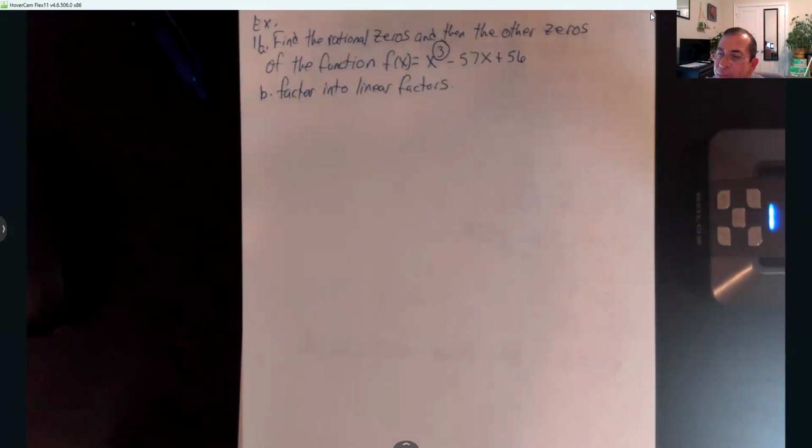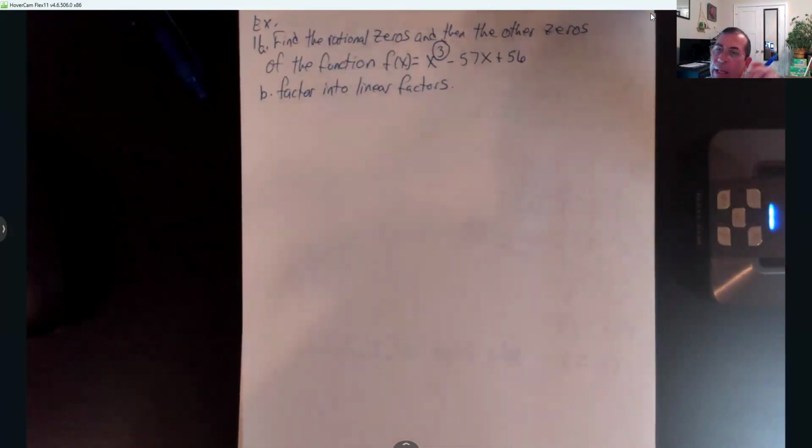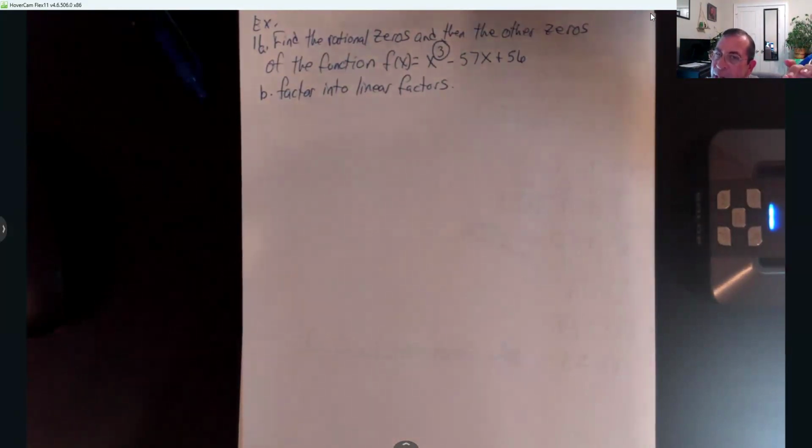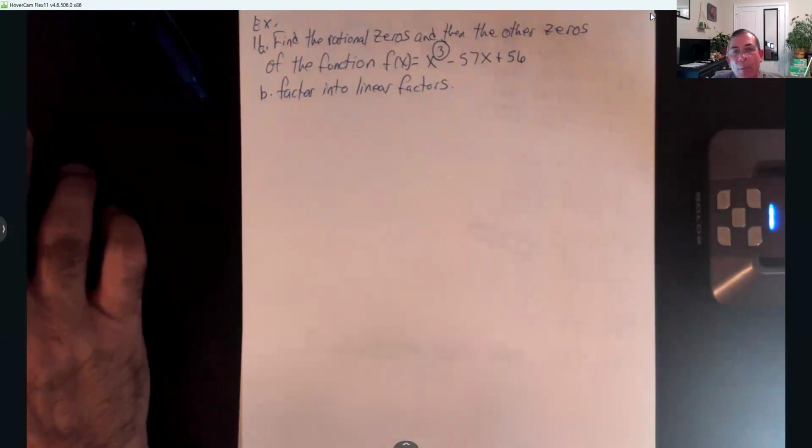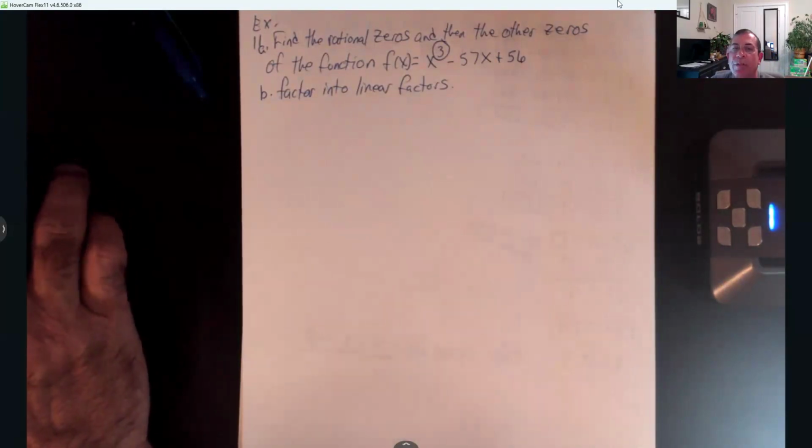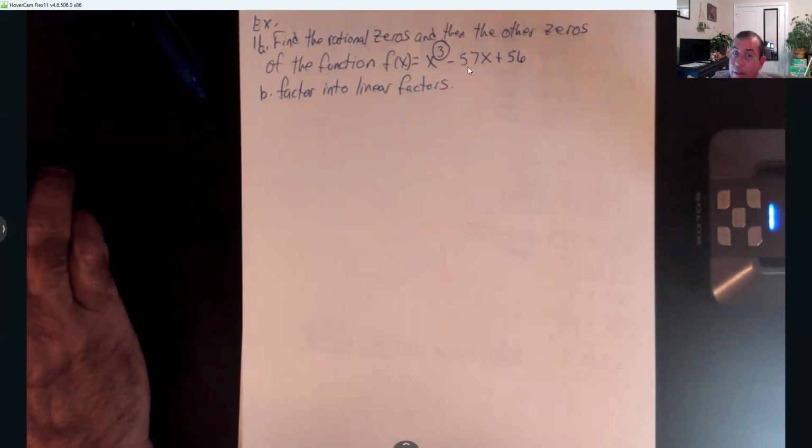Because if I can graph it, the zeros are equal to the x-intercepts of the graph, okay? So if we can at least find a place where it's crossing the x-axis, we got some of our zeros. So I'm going to go to my calculator and actually graph this function to help us find at least 1 zero, okay?